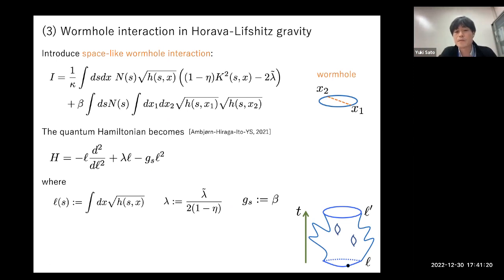But this is a sort of effective wormhole interaction. This kind of term can be induced if you're looking at the wormholes from a very distant region.